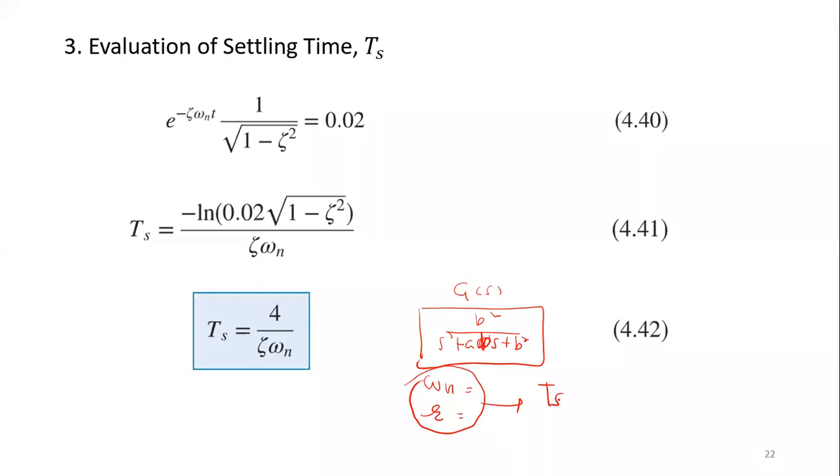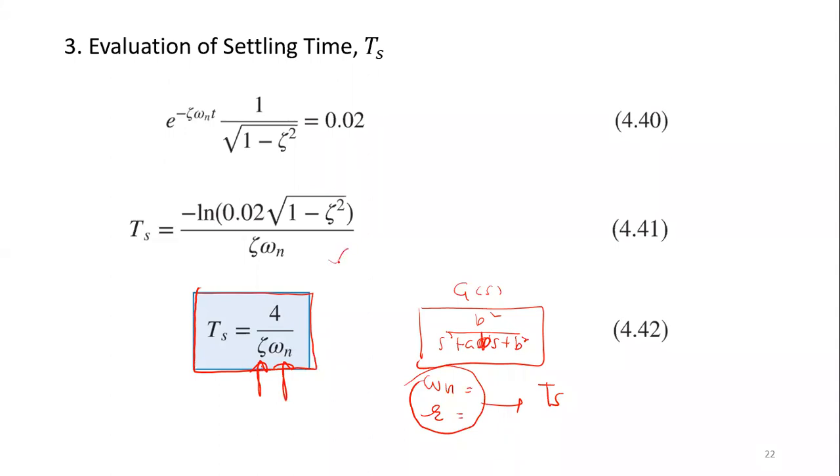You can predict the settling time using this formula: 4 over damping ratio times natural frequency. So that's what it says here.